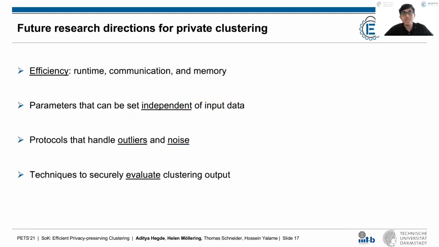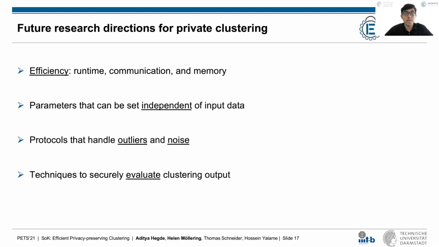So to summarize, we surveyed around 59 works on secure clustering and found that only 10 were fully private. Our benchmarks show that the runtime of the state of the art among these protocols varies significantly. So improving the efficiency of secure clustering protocols with respect to runtime, communication, and memory consumption is an important research direction.